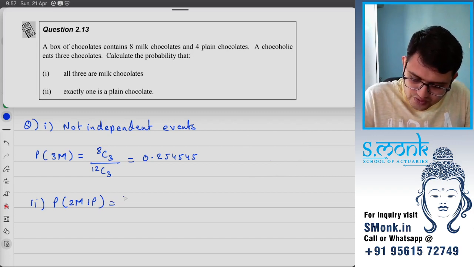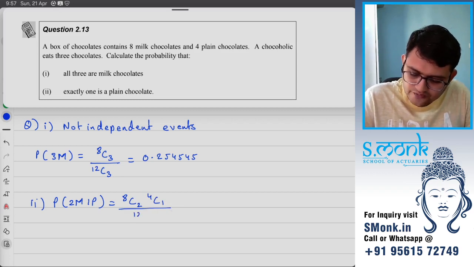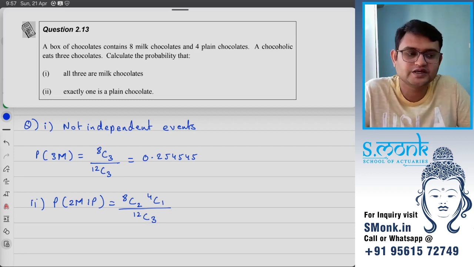So out of 8 milk chocolates, I am choosing 2. And out of 4 plain chocolates, I am choosing 1. Out of 12 total chocolates, I am selecting 3.